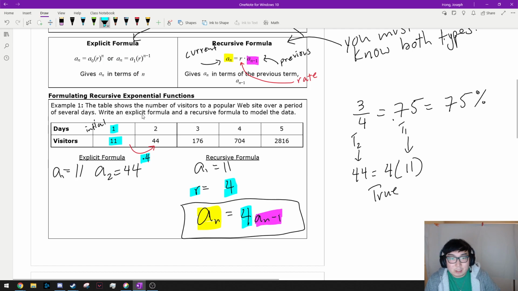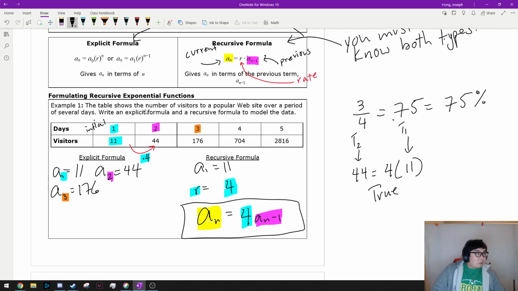So A1 is 1, A2 is 2, A3 is equal to 176, which is this, and so on and so on. So what happens really is that I want to write this over here. A3 equals 176.